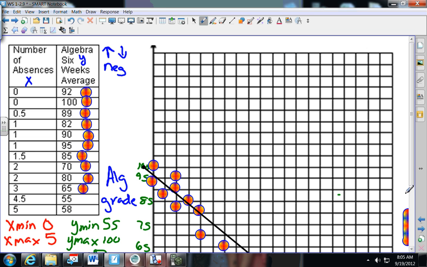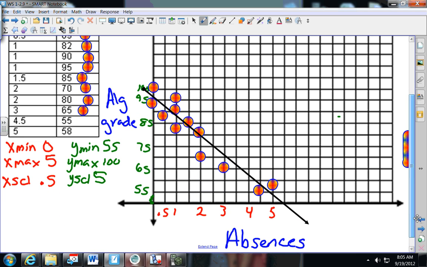So when I go over to my trend line, I guess we should have made it bigger, huh? Up there, instead of doing this, we should have done more, because right here, 5, 6, out here is 7 absences.